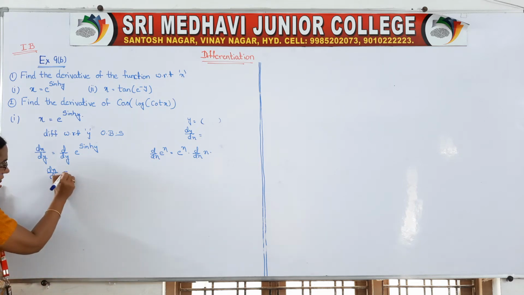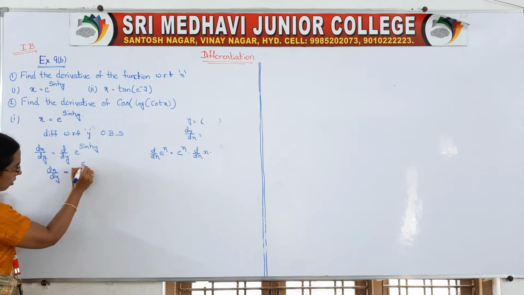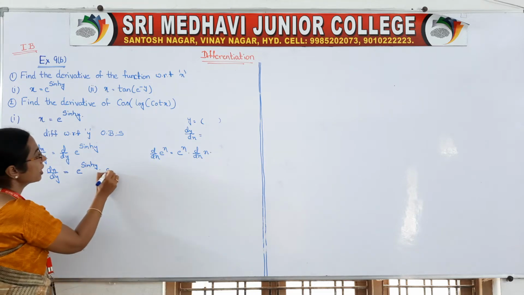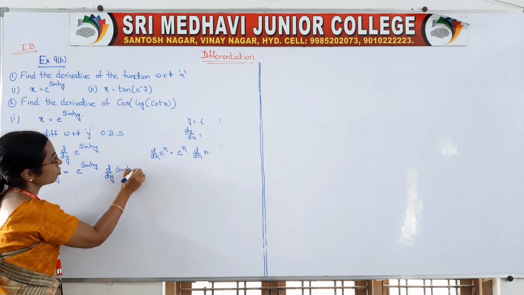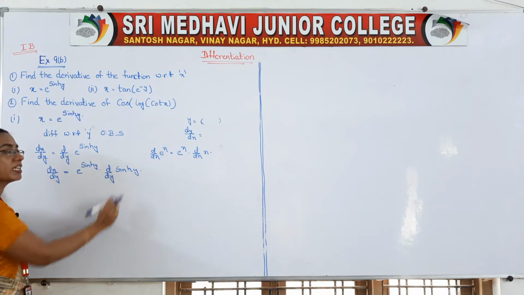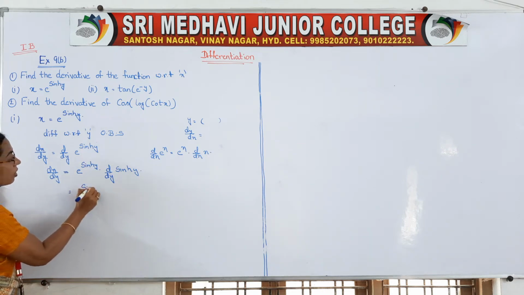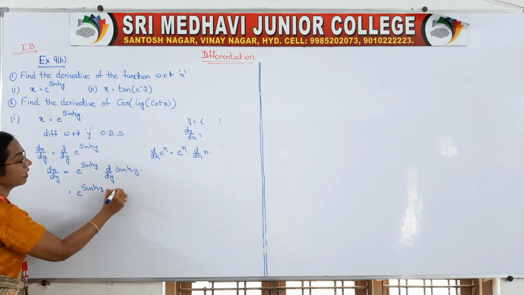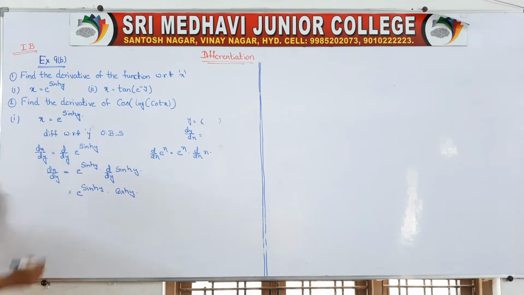Here in the variable place we have sinh y. So e to the power of sinh y into d by dy of sinh y. And d by dy of sinh y is cosh y, so it is e to the power of sinh y into cosh y.